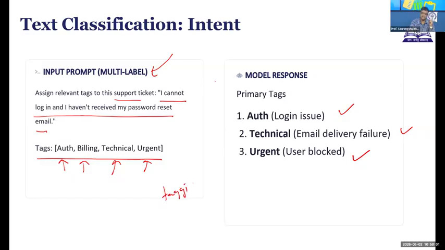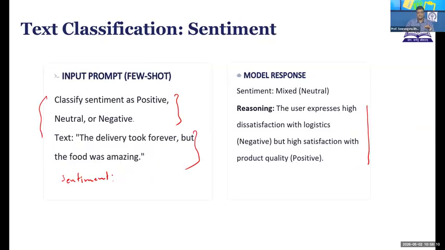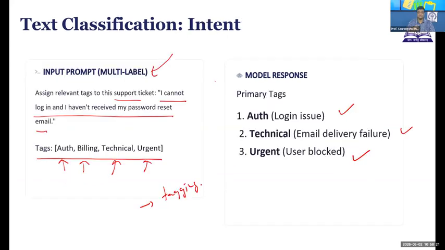The difference between this and the earlier one is that there the possible labels are positive, neutral, or negative, but only one of them can be true for a given input. Here multiple of them can be true, so it can tag with many different tags. That is the main difference between tagging and traditional classification.